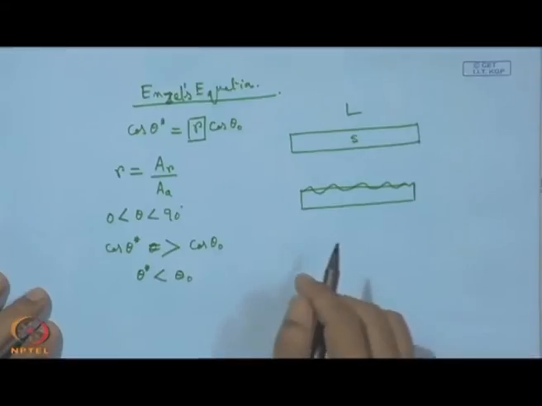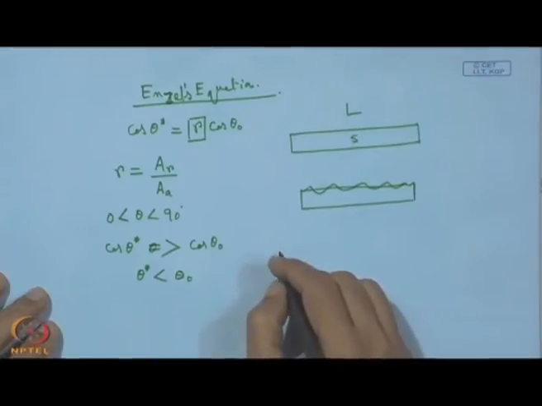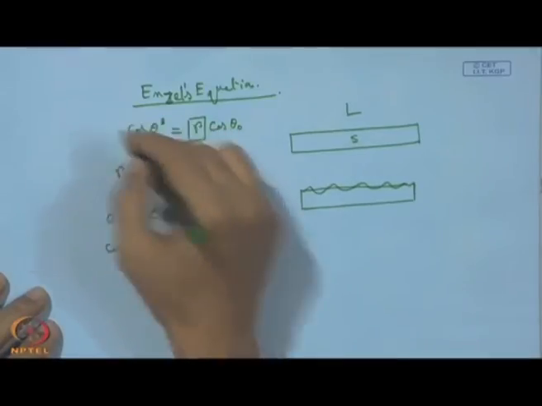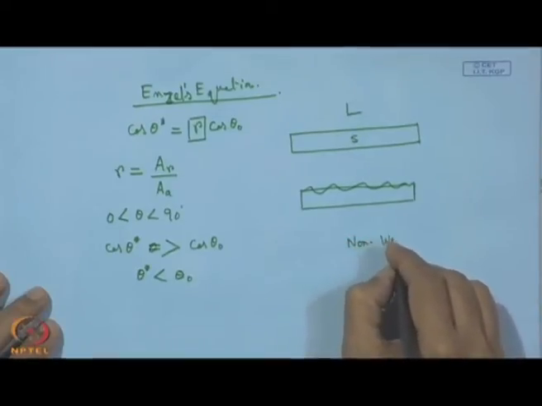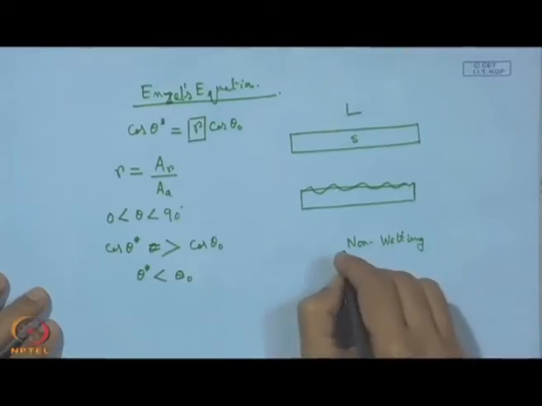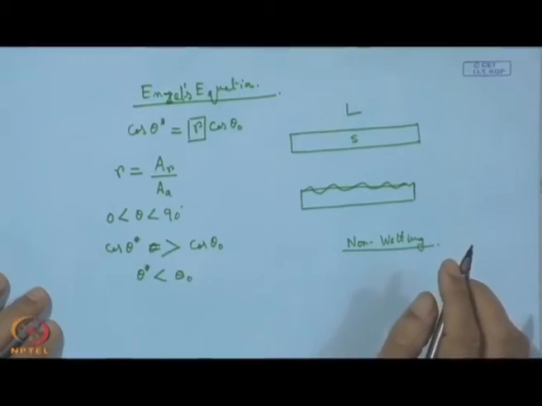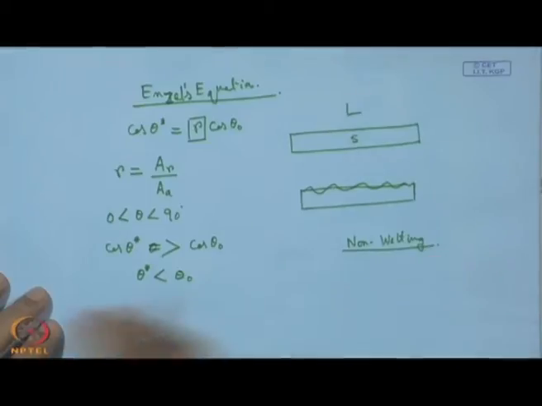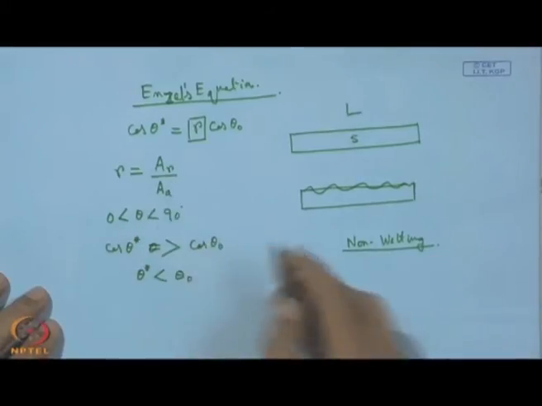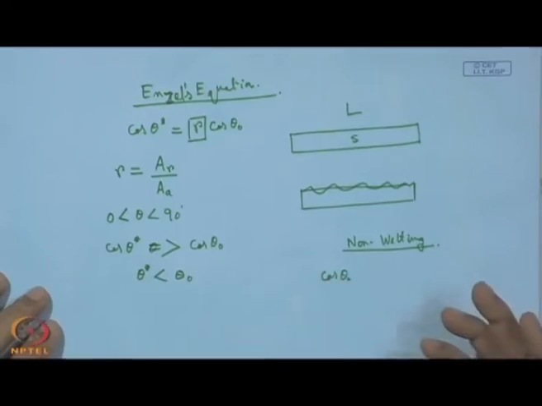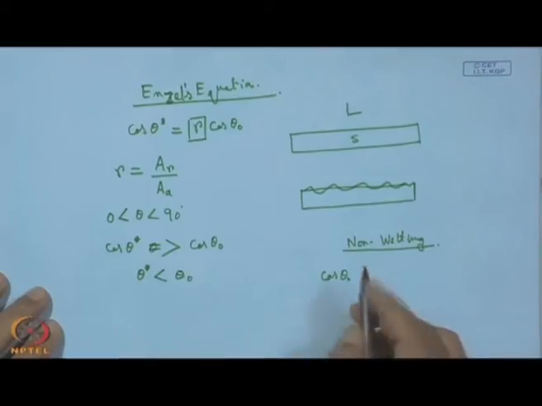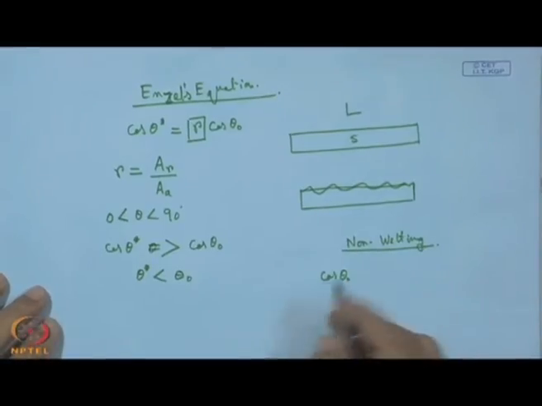However, if it is the non-wetting situation, this is for the situation where we have normal wetting, but when it is non-wetting, this theta O is normally greater than 90 degree, so cos theta O is negative.